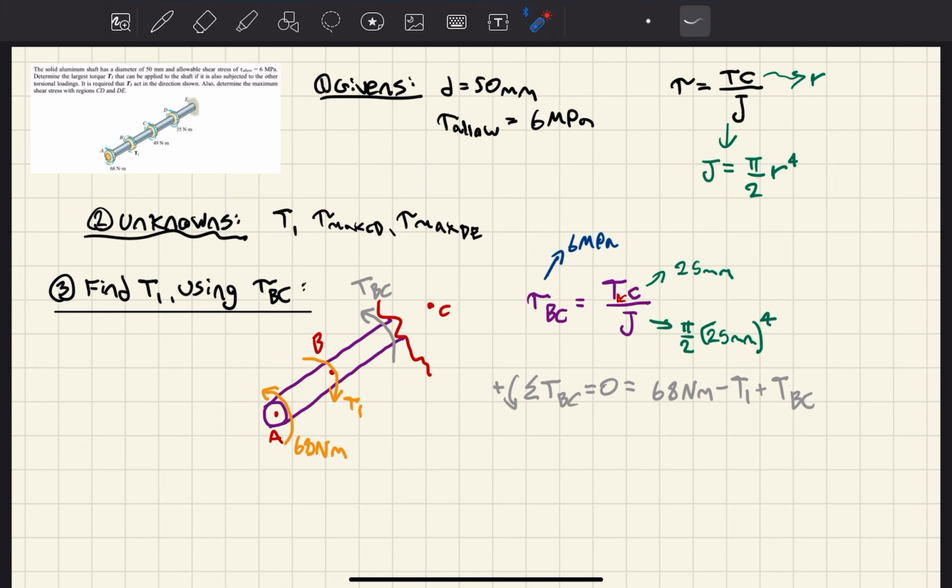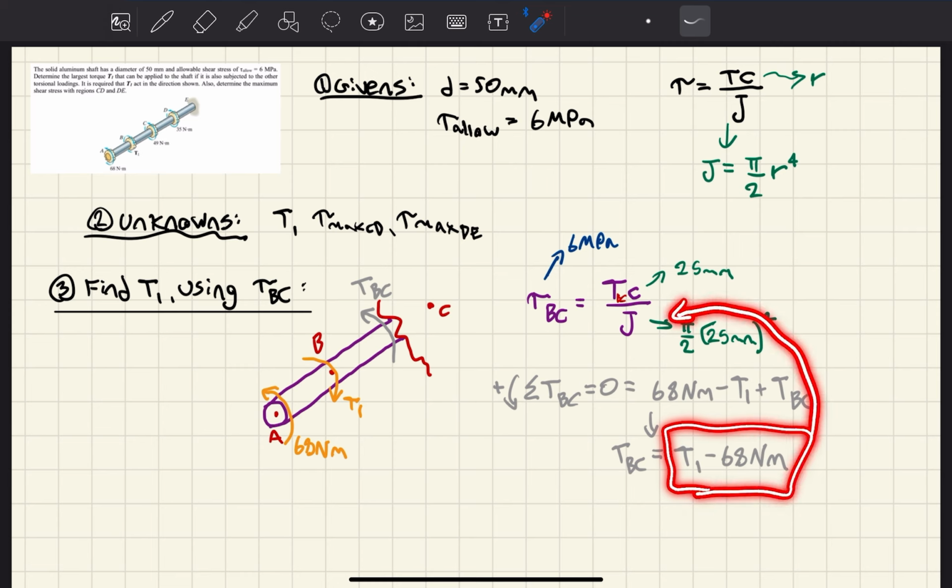I can express TBC, which is in my formula, as an expression of these two. So TBC, the torque that acts at my cut, is equal to T1 minus 68 Newton meters. And just like that, I can sub this lovely guy into my shear stress formula.